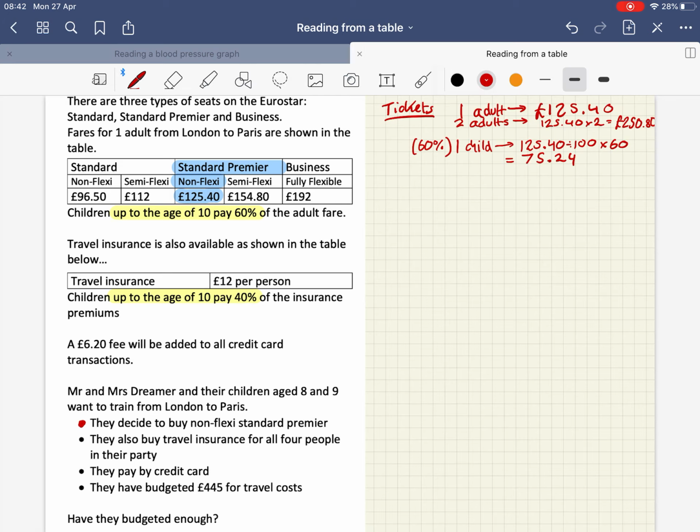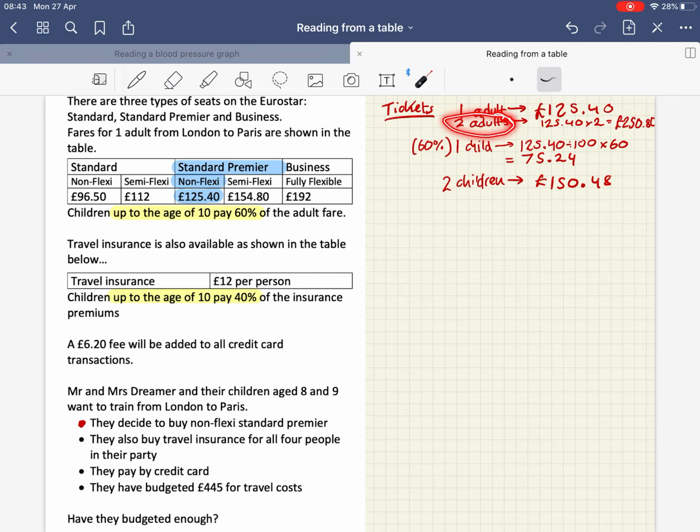And so then 2 children is going to be £150.48. And you can shortcut it a bit.